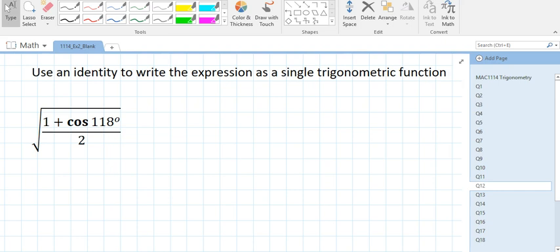Okay? So that means we're not going to know the final answer in the end. It's just going to be a trig function. The question is, who did they give us? A over 2. So they gave us the cosine half angle formula. So all we got to do is plug into that.